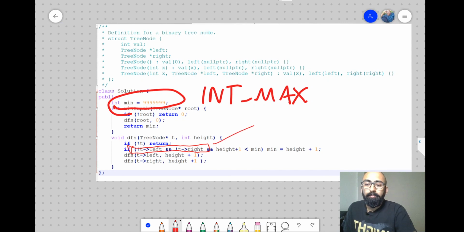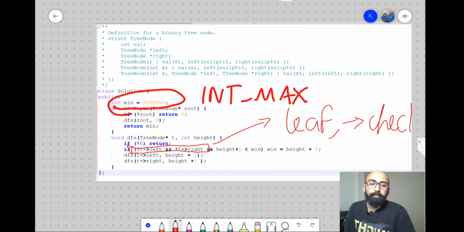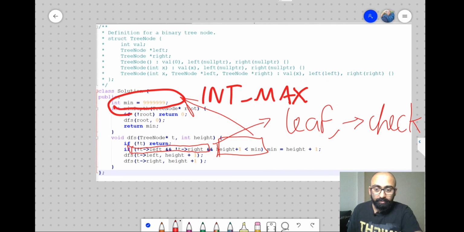So we've reached a leaf node. The next step is to check, right? And how are we going to check? We're going to check if the current height is less than the minimum value. If it is, then you go ahead and update the value.